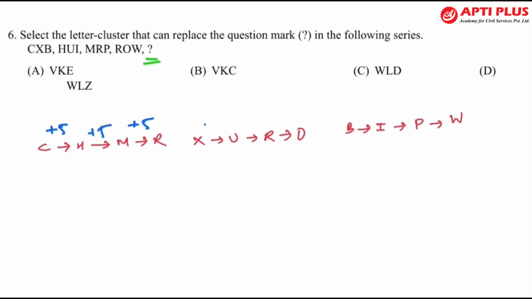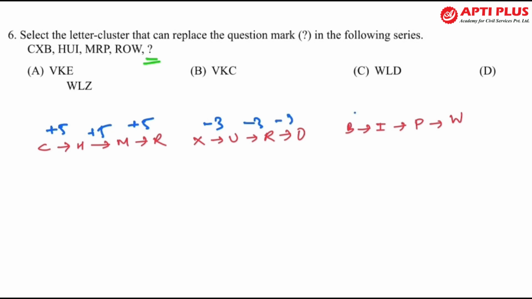In X U R O as well you will find a change of minus 3: X, U, R, O, again minus 3.